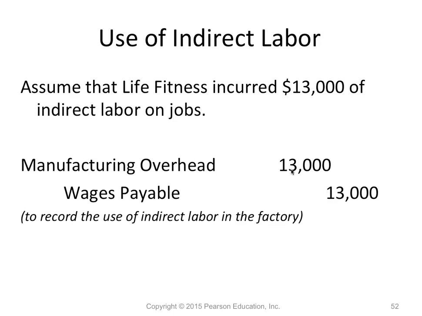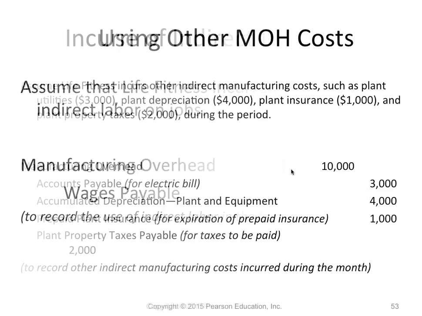And indirect labor will be people who are not on the line, the supporting staff and so on. So wages payable will be $13,000, and manufacturing overhead will be $13,000.